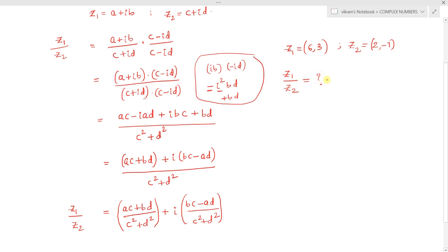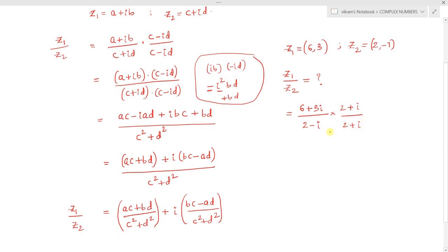We can write z1, 6 comma 3, as 6 plus 3i, and z2, 2 comma minus 1, as 2 minus i. Now rationalize with the conjugate of the denominator, which is 2 plus i by 2 plus i.